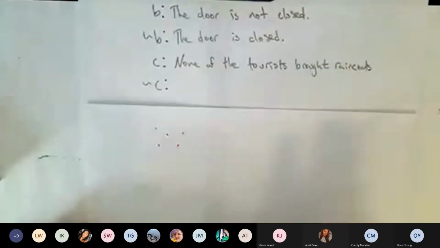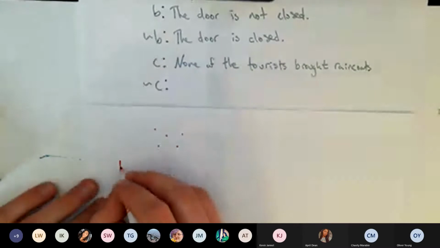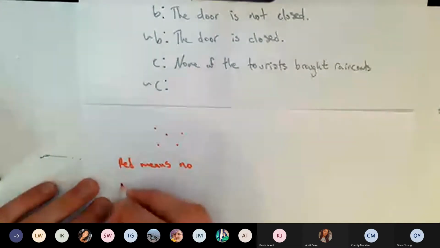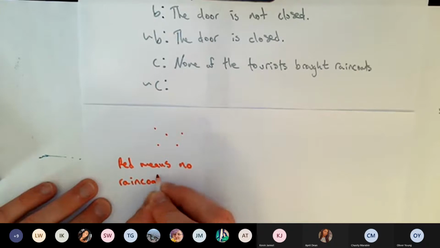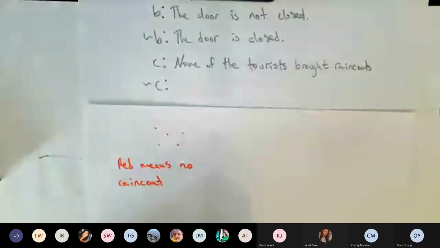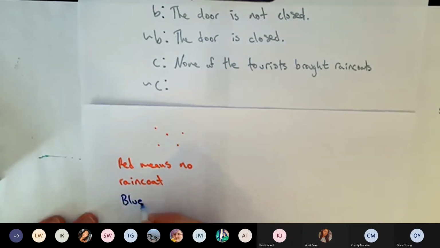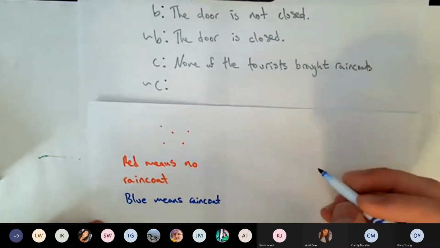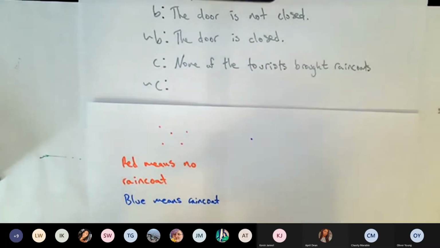says these 5 tourists, none of them brought raincoats. So red means no raincoat. Okay, so that's what C is saying. But then can't the negation of C, and let me say this here, blue means raincoat, can't the negation of C be something like this with one of them?